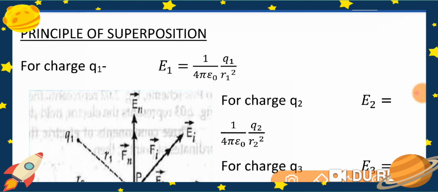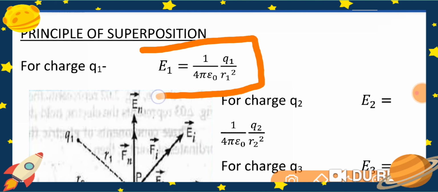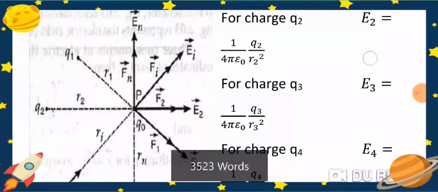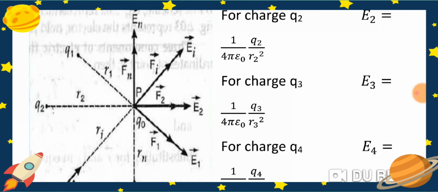For charge Q1 we have E1 equals 1 upon 4 pi epsilon naught Q1 upon R1 square. Similarly, for charge Q2, E2 equals 1 upon 4 pi epsilon naught Q2 upon R2 square.